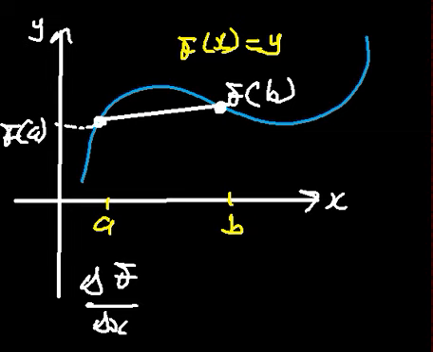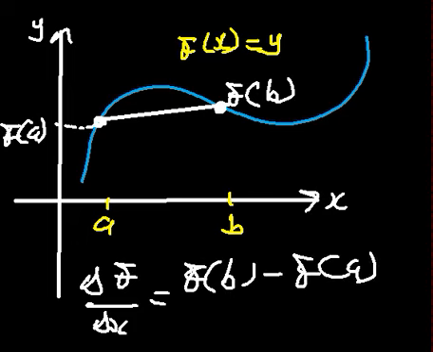Now if the function is a function of t, it means we'll have delta f over delta t. So what is delta f? It means we'll have f of b minus f of a, divided by delta x, which is b minus a.